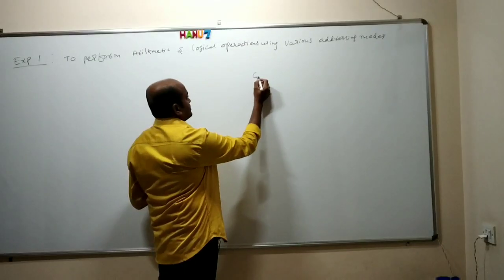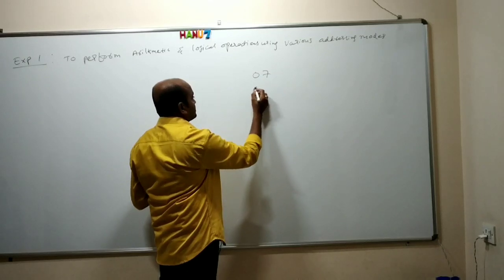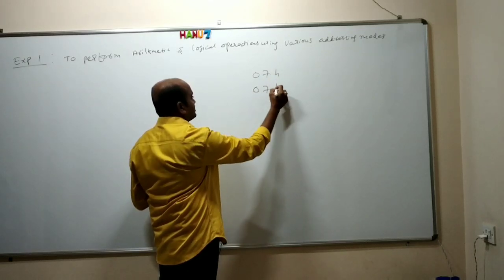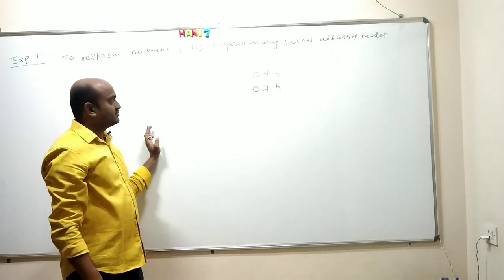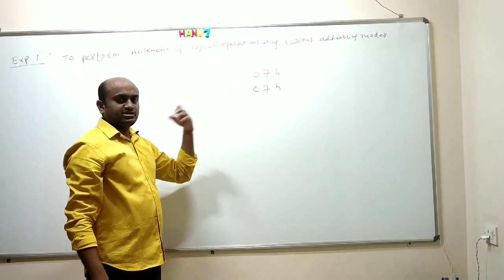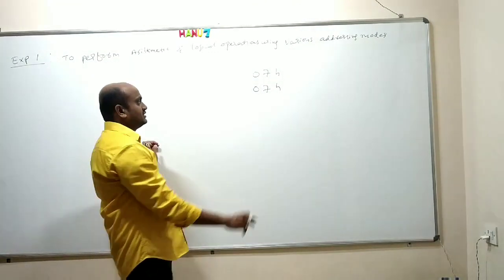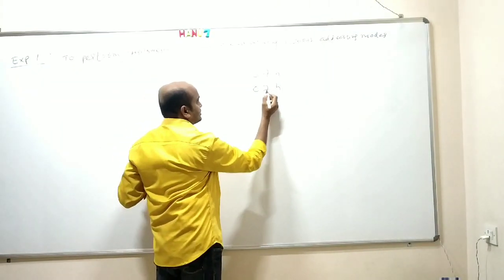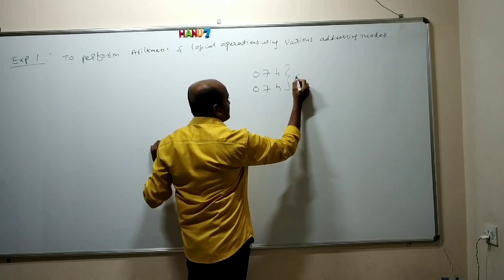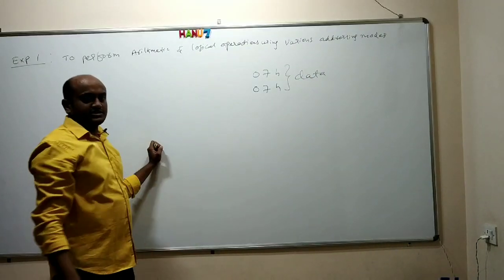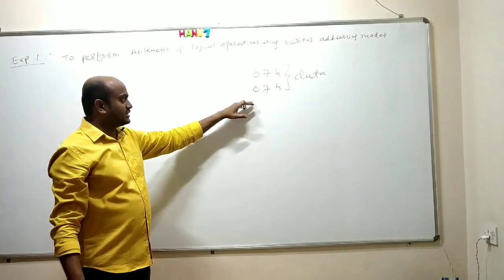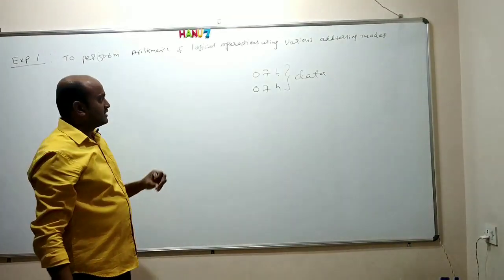I want to add two numbers, 07 and 07, hexadecimal numbers, because the system will accept only hexadecimal numbers. So let us give the input in hexadecimal only. These two numbers will become data for me. The result of this addition is also a number, so that is also data.